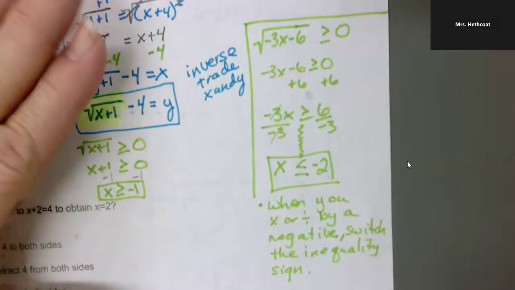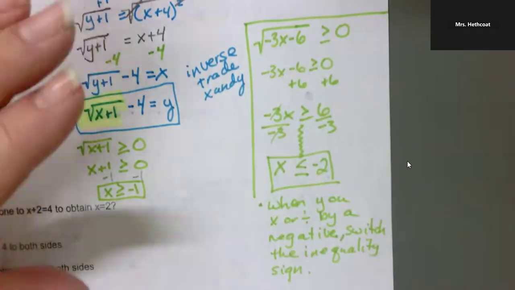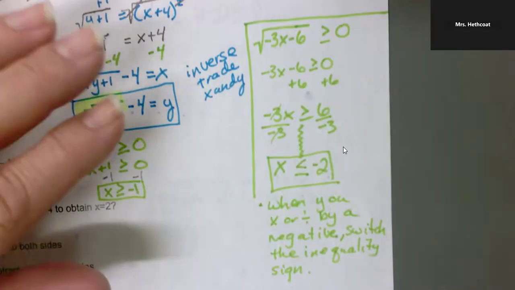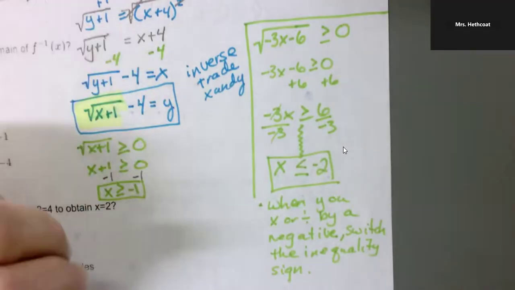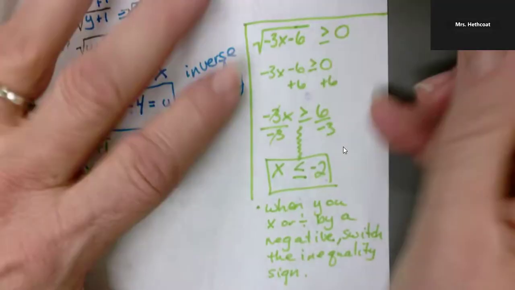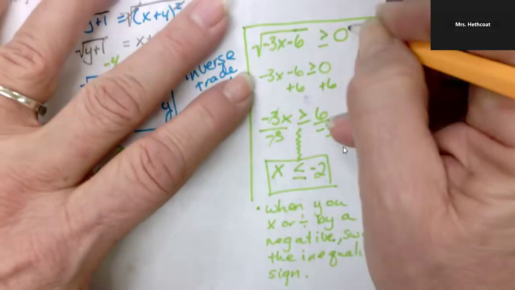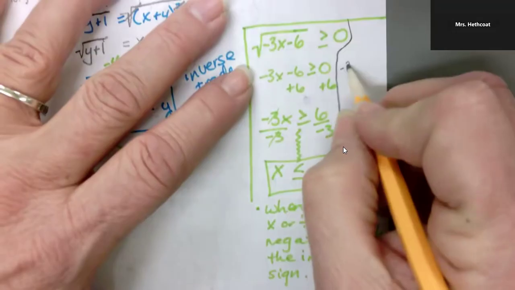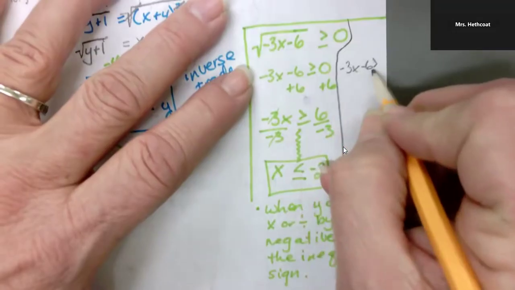Now we do have a couple of options here. Like you could say, absolutely no way am I going to remember that. What are my other choices? So I did not leave us much room, but I'm going to write it again up here. If we start here with this -3x minus 6 is greater than or equal to 0 part, okay?